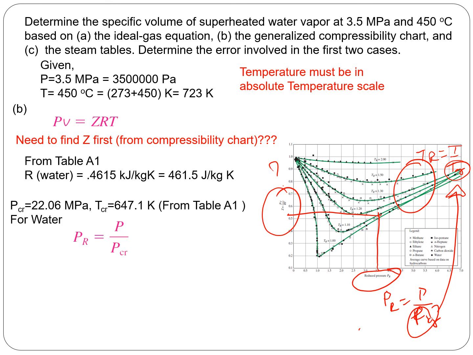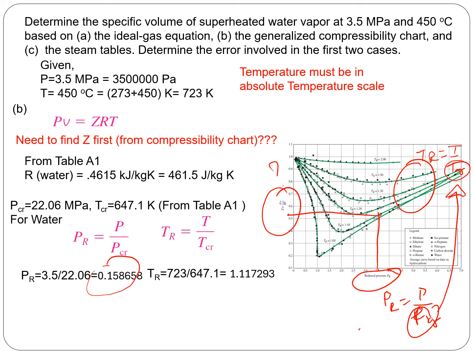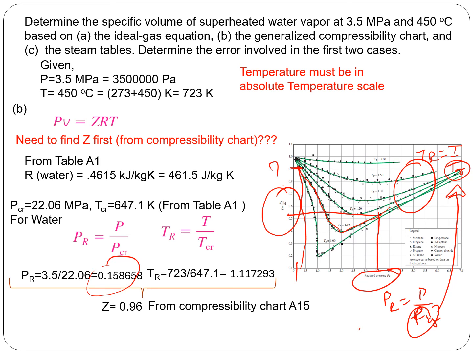So in this problem you find PR is 0.15 somewhere here, TR is 1.11, so 1 is here, this is 1.11 somewhere here. The whole line is the same value, so the intersection is pretty close to 0.96. We know the Z value, and then you are able to calculate the specific volume.